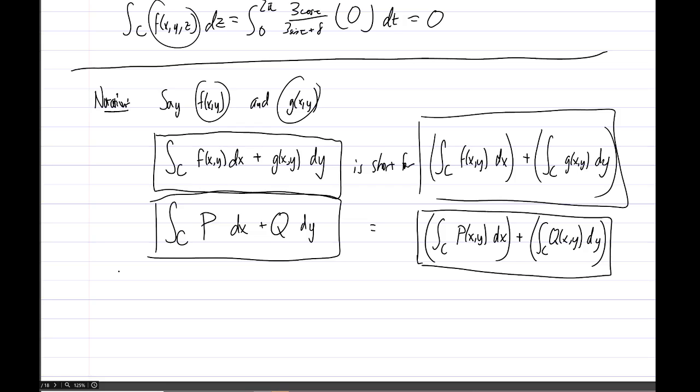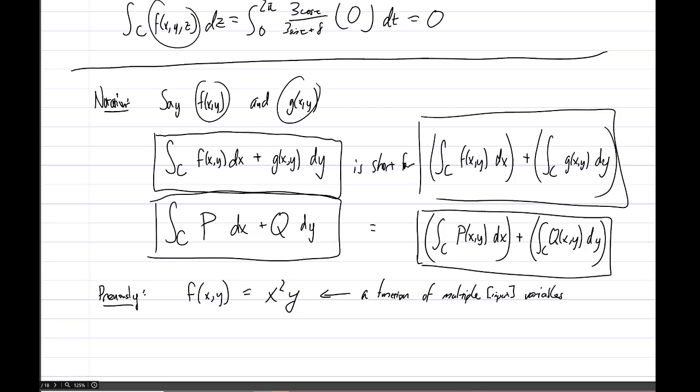Previously, if you saw f of x comma y is equal to x squared y, we've called this just a function of multiple variables, or I like to use the word input here. This is not what the book does, but function of multiple input variables. We've been calling it that so far. It does go by another name. It is also called a scalar field.